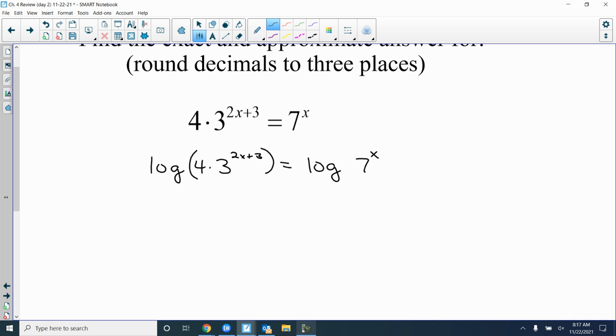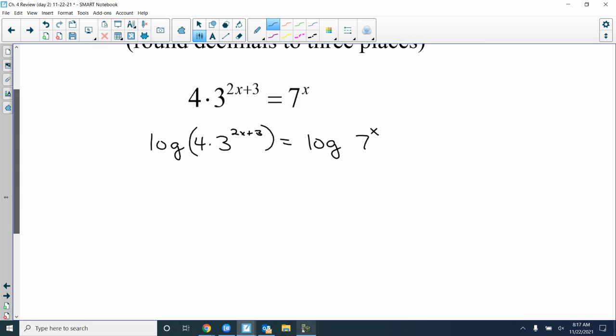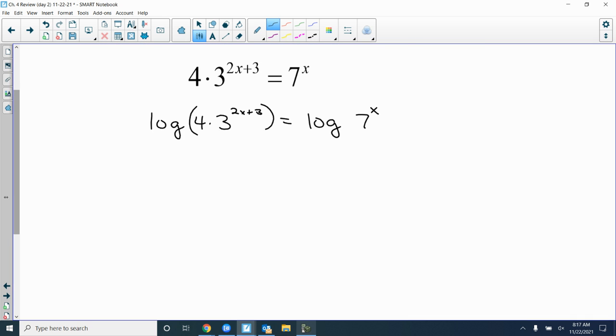Log of 7 to the x. Cannot take this out in front yet. Since it's a product, I split it up into log of 4 plus log of 3 to the 2x plus 3. I can take this x out in front because it is a power at this point.